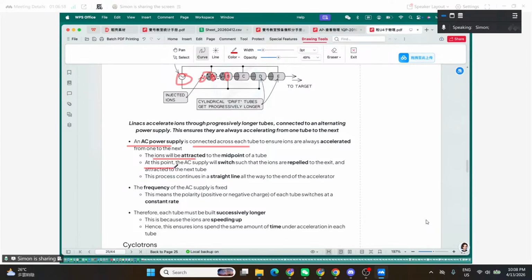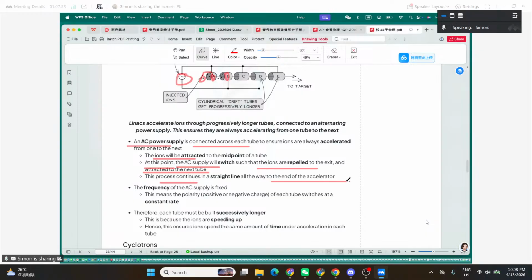At this point, the alternating supply will switch such that the ions are repelled to exit and attracted to the next tube. This process continues in a straight line all the way to the end of the accelerator.